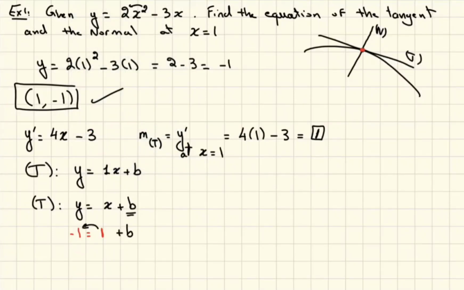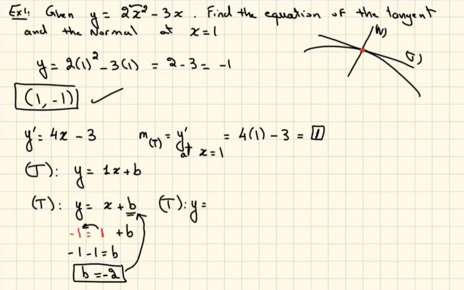Take the 1 to the other side, you get -1 minus 1 equals b. It means b is equal to -2. Knowing this, I can now write the tangent by going back here and replacing b with -2. So the tangent line has the equation y equals x minus 2.